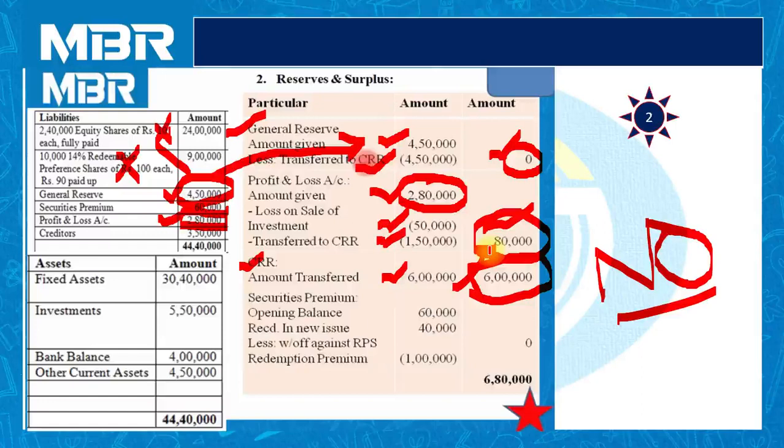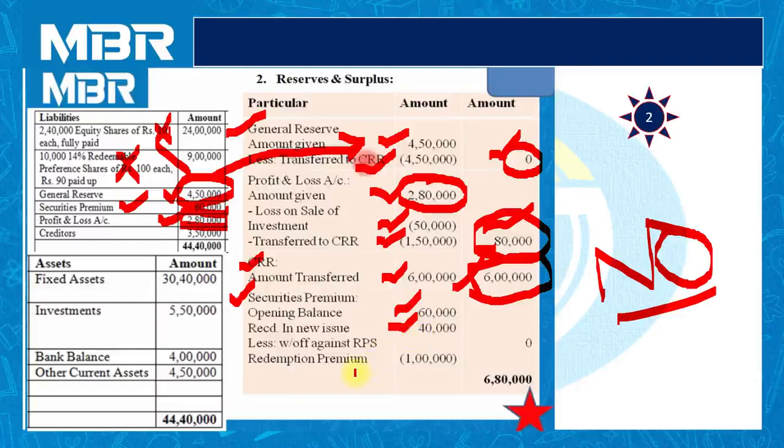You have to recall, you have to combine all concerned entries. Then security premium. You can check the liability side of the given balance sheet. Security premium given to us is 60,000. While passing the entry of new issue of equity shares in step number 3, we have received new security premium of rupees 40,000.